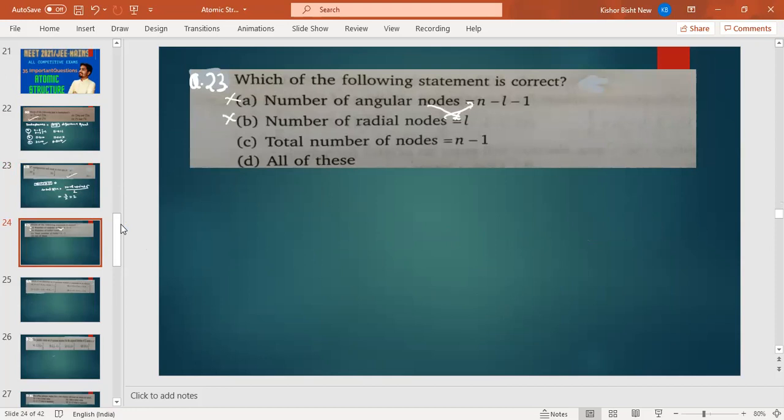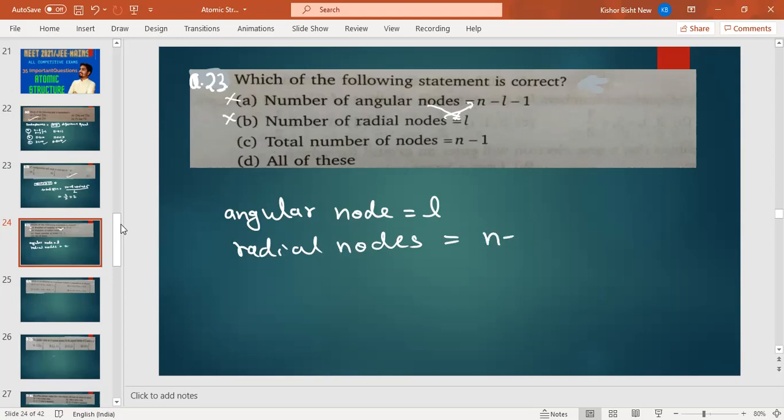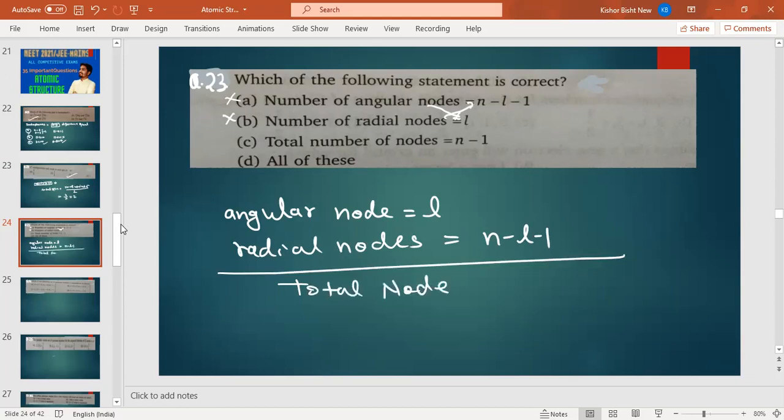You remember, angular node is always equal to l. And radial nodes equal to n minus l minus 1. And total node equal to the sum, so n minus 1. So this one is incorrect. So total number of nodes is equal to n minus 1. C is the correct answer.